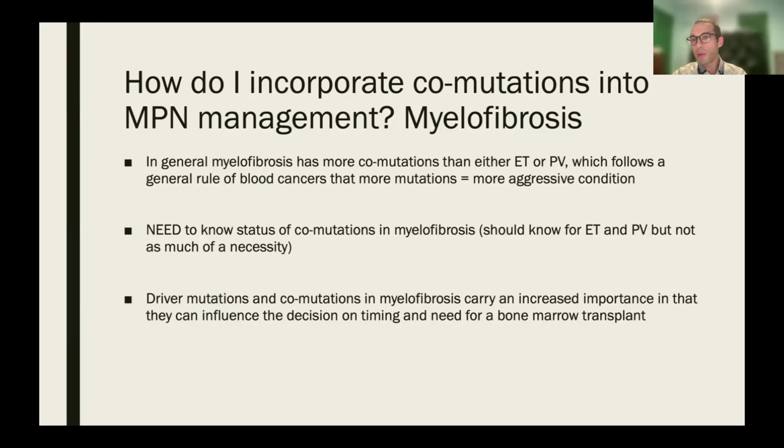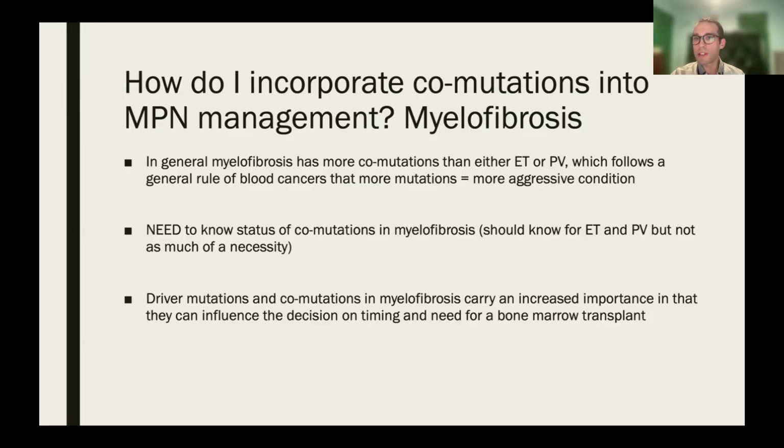For co-mutations with myelofibrosis, this is where there's a little bit more substance than with ET or PV. In general, myelofibrosis has more co-mutations than either ET or PV, which follows a general rule of blood cancers that the more mutations you have, the more aggressive your cancer is considered. We saw that with ET, where the more co-mutations there were, the more risk of developing leukemia or myelofibrosis.